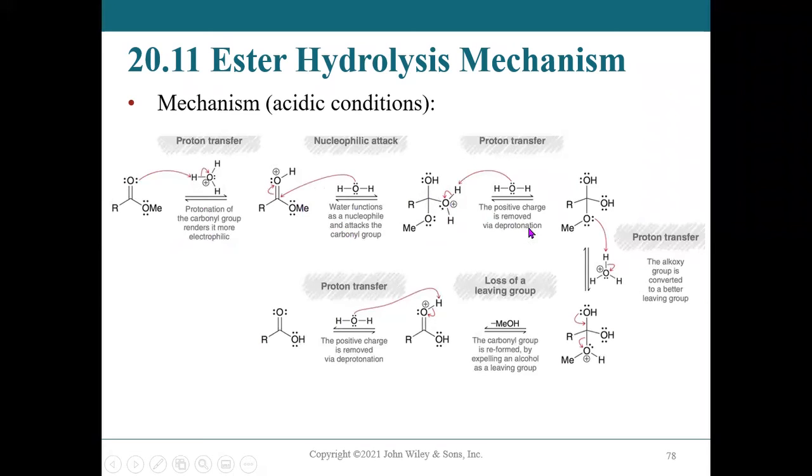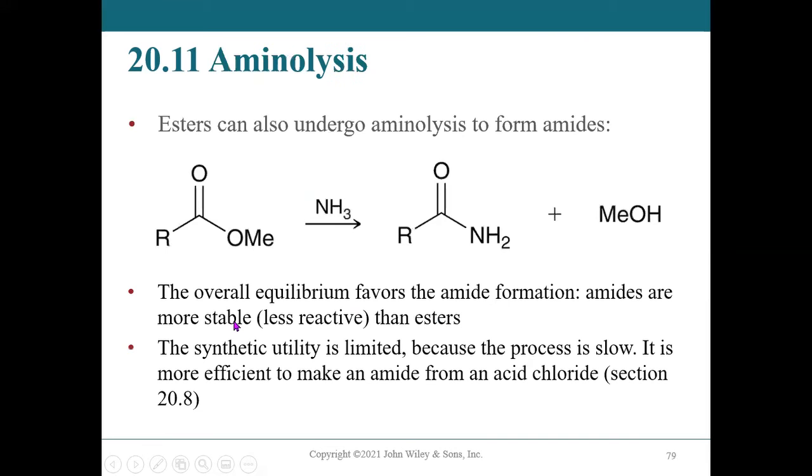The positive charge is removed via deprotonation. And then we will protonate this oxygen from the alcohol, and then the carbonyl reforms to expel the alcohol. The final step is another proton transfer to render this acid.